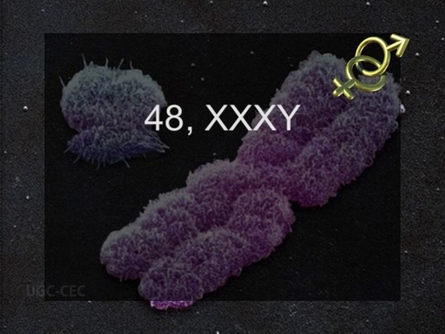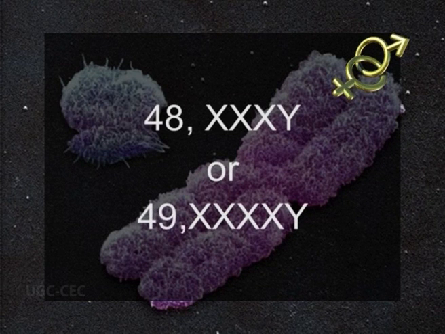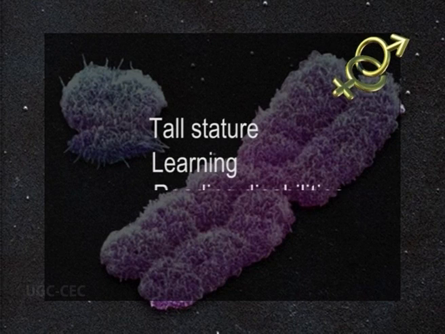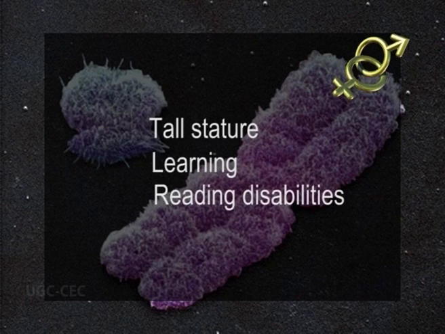It is less common for males to have 2 or 3 extra X chromosomes, for example 48 XXXY or 49 XXXXY, or extra copies of both the X and Y chromosomes, for example 48 XXYY in each cell. The extra genetic material may lead to tall stature, learning and reading disabilities, and other medical problems.